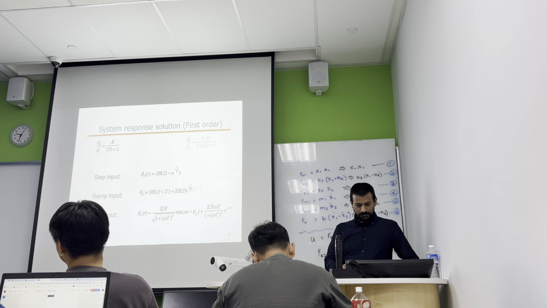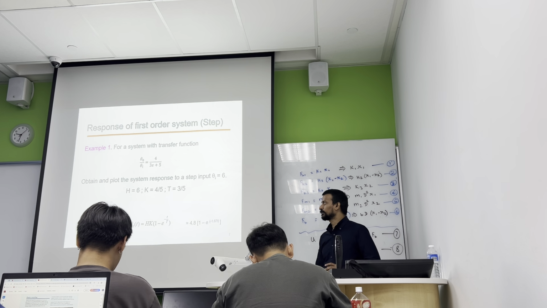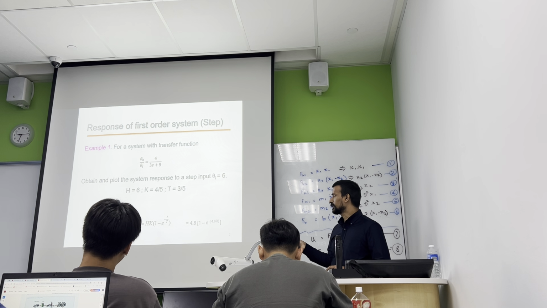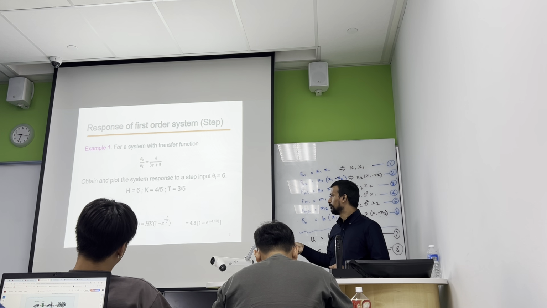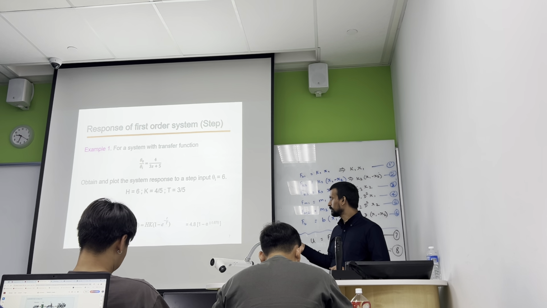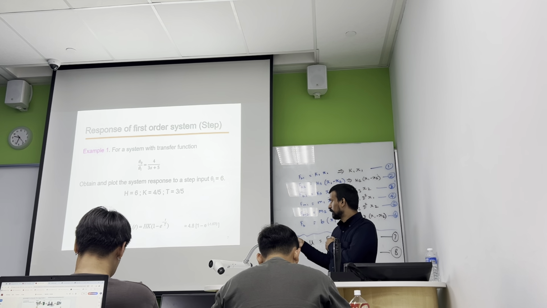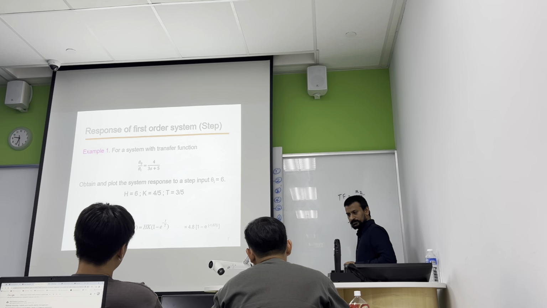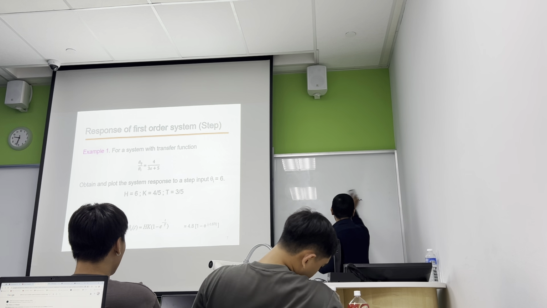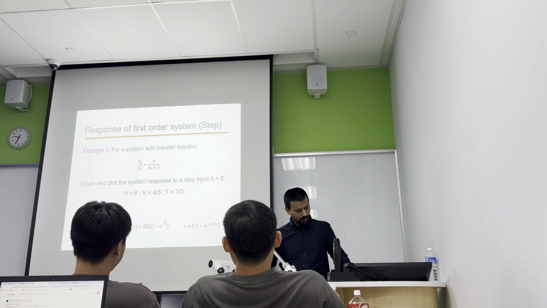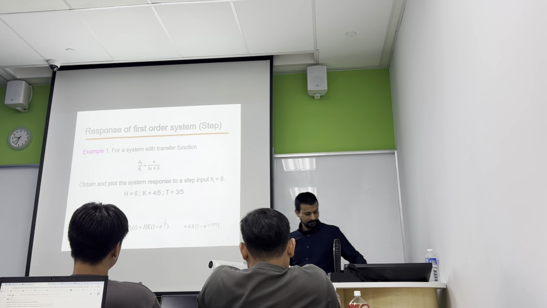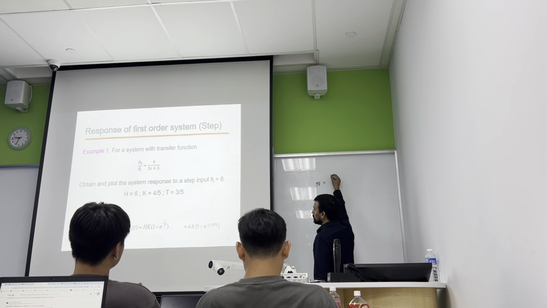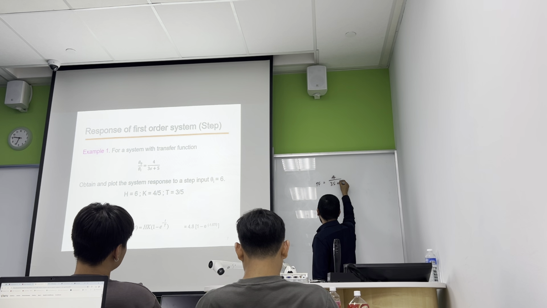Okay, so first about the step input. That's your first example. The question is given like this, and we can plot the system response based on step input, theta equal to 6. Basically what we know already, we can better write out 4 divided by 3s plus 5, right?